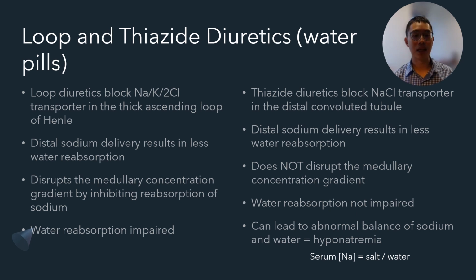This ultimately leads to our serum sodium concentration being lower, which is what we call hyponatremia. This is unfortunately a very common side effect of this medication that results in many hospitalizations every year, especially in older patients with polypharmacy.